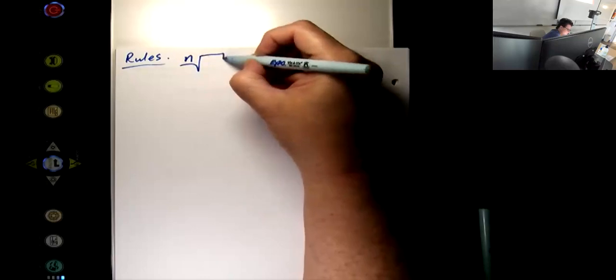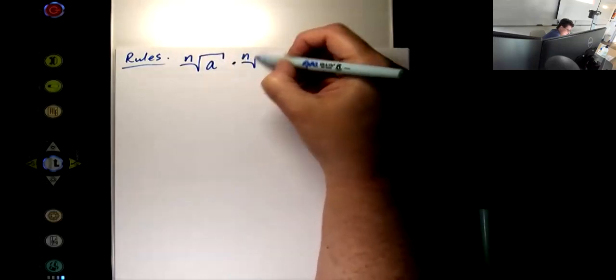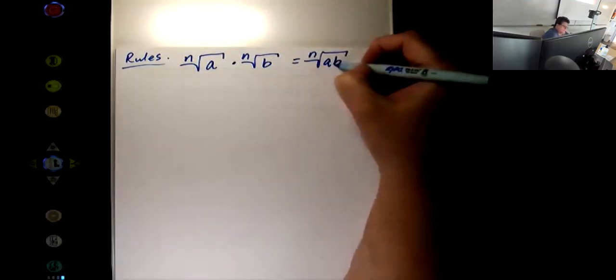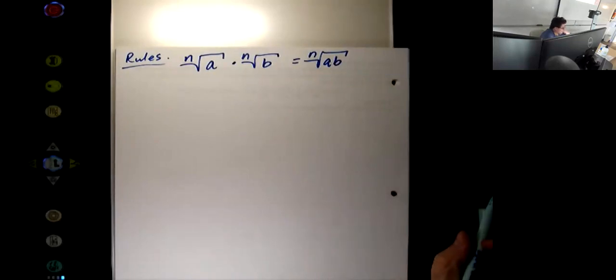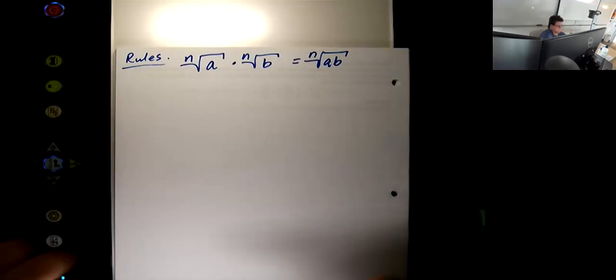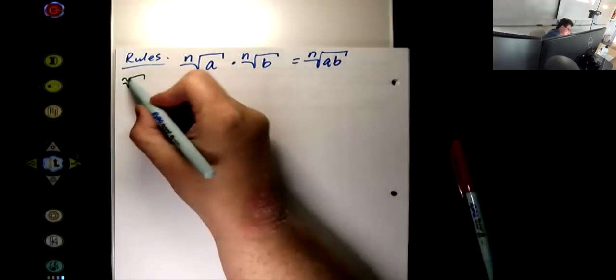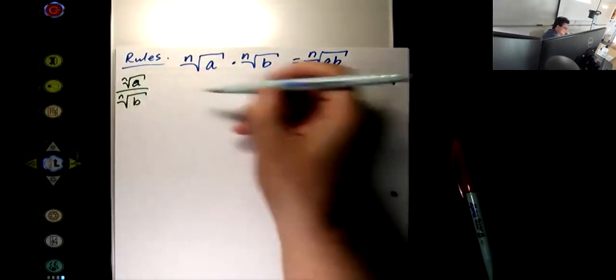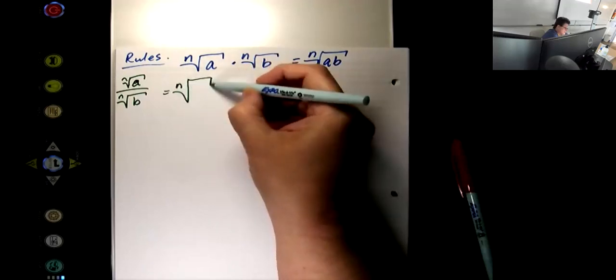But if we have the nth root of A and we multiply it by the nth root of B, this equals the nth root of A times B. We have a fun one that says the nth root of A over the nth root of B. Guess what this does? It turns to division on the inside.